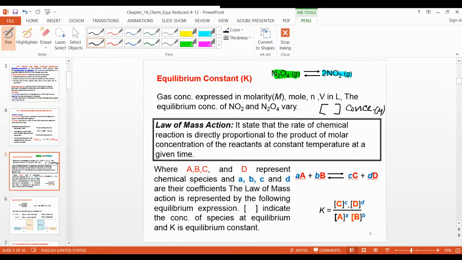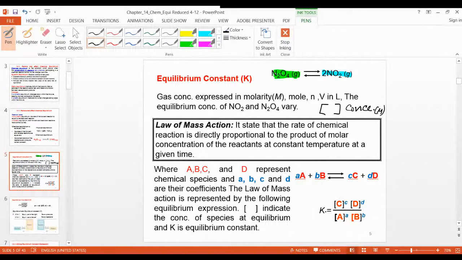Product is never written in addition, always in multiplication: the product of the concentrations of the products raised to the power of their coefficients, divided by the product of the concentrations of the reactants raised to the power of their molar coefficients.